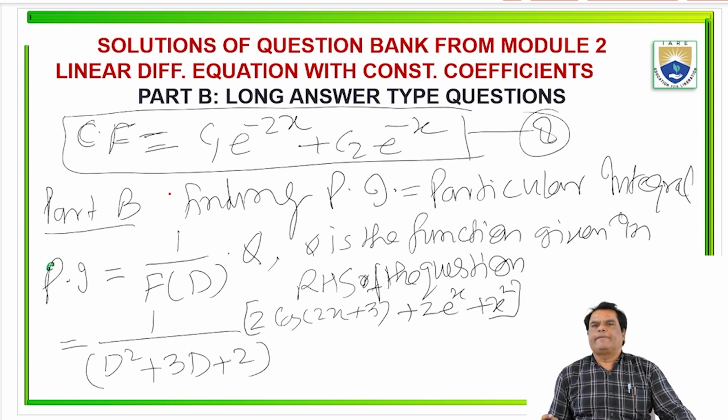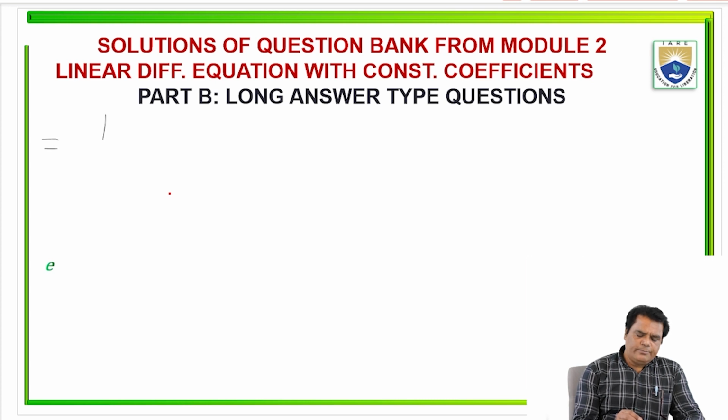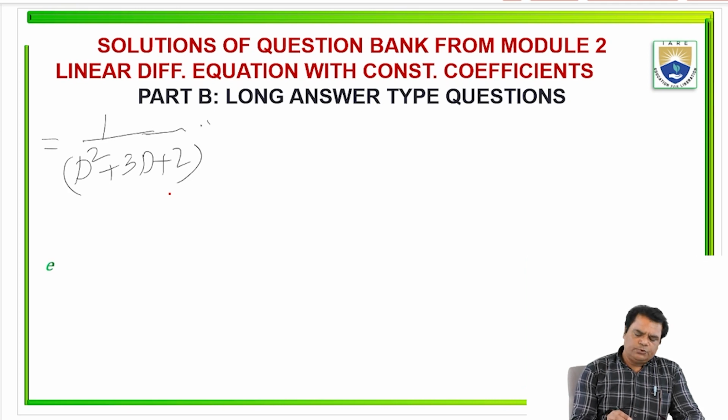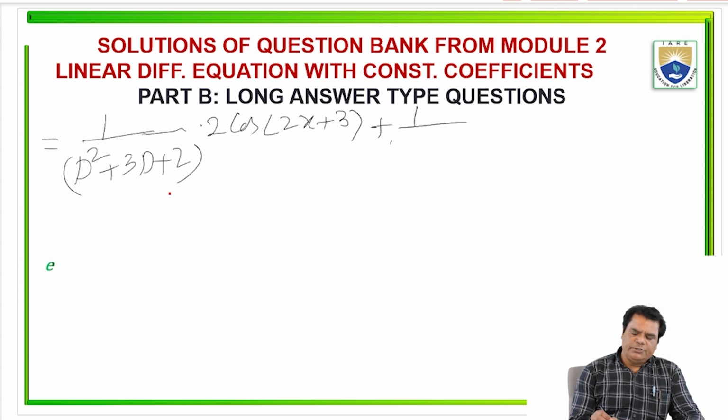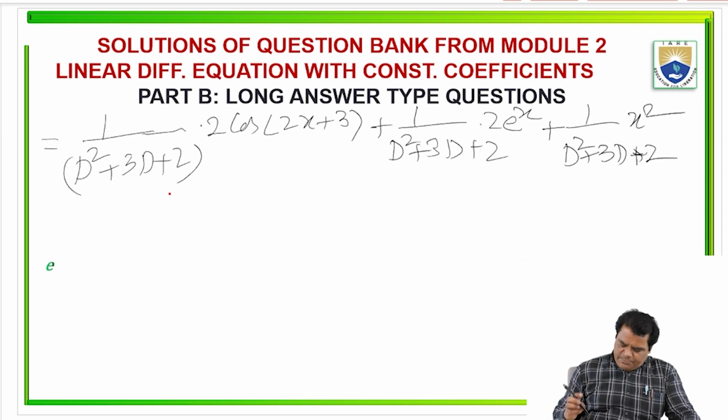So now breaking this result, 1 upon D square plus 3D plus 2 into 2 cos 2x plus 3, plus 1 upon D square plus 3D plus 2 into 2e to the power x, plus 1 upon D square plus 3D plus 2 into x square. This is equation number 9.